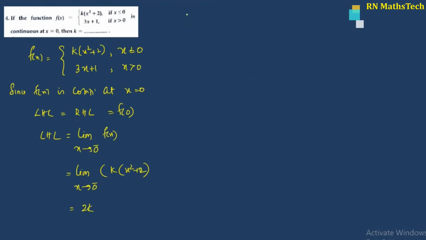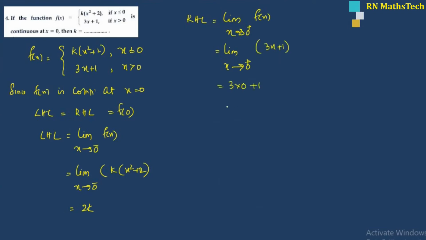Now right hand limit RHL equal to limit x tends to 0 plus f of x, that's equal to limit x tends to 0 plus, function value is 3x plus 1, so that is equal to 3 into 0 plus 1, which is equal to 1. Now LHL equal to RHL, that is 2k equal to 1 or k equal to 1 by 2.